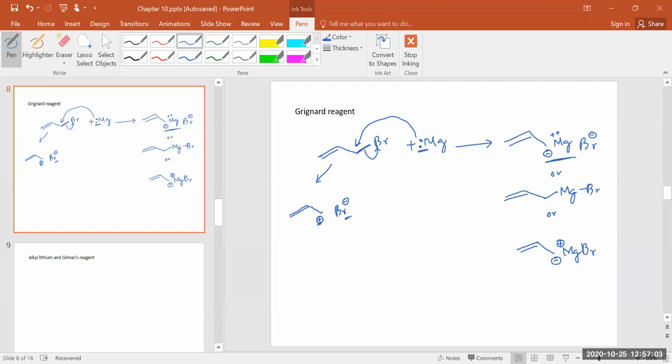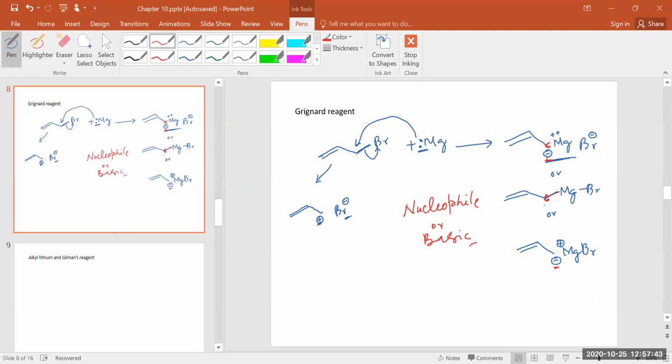In all the cases, one very important thing to remember is that this carbon, either you show an anion, or you show a carbon-magnesium bond, or again you show an anion and cation, in all these cases this carbon has a negative charge, meaning it's a nucleophile or basic in nature.